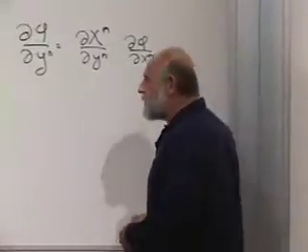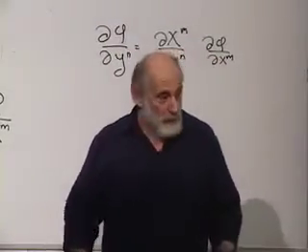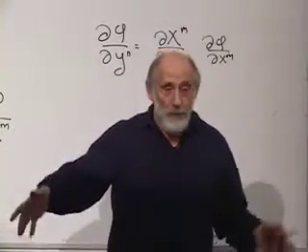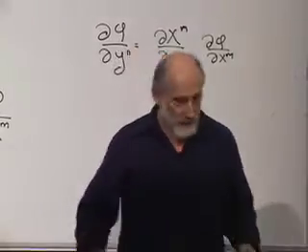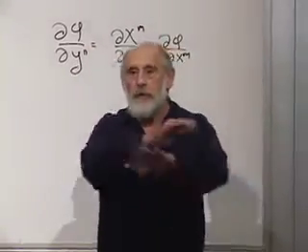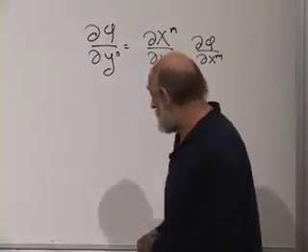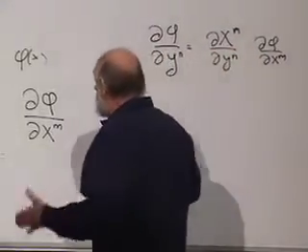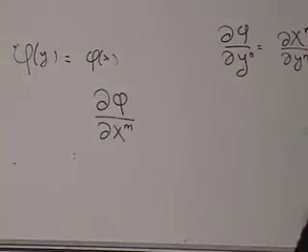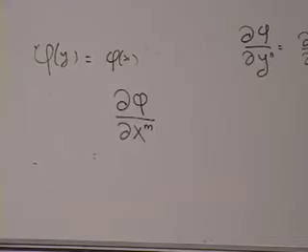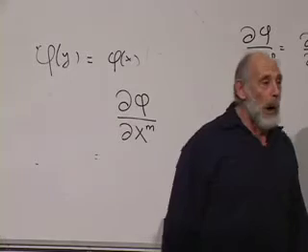If a thing is constant, it's going to be constant no matter what the coordinates are. I don't care whether I use polar coordinates, elliptical, hyperbolic, whatever coordinates, doesn't matter. If the temperature is constant in this room, it's going to be constant in every set of coordinates. So it stands to reason that if the derivative of phi is equal to 0 everywhere in space with respect to x, then it's also going to be 0 with respect to y.